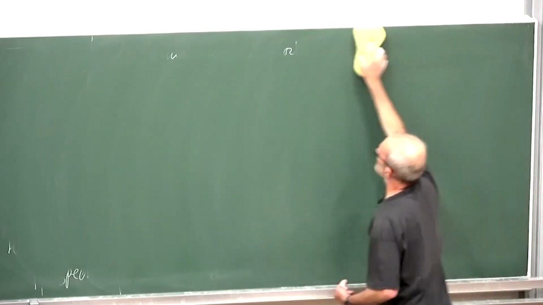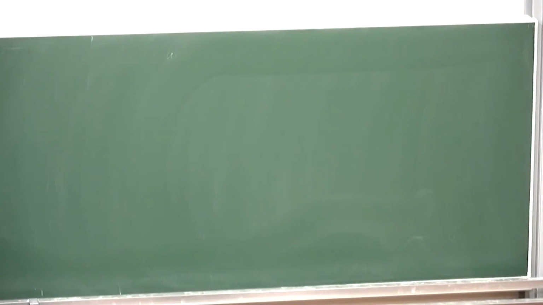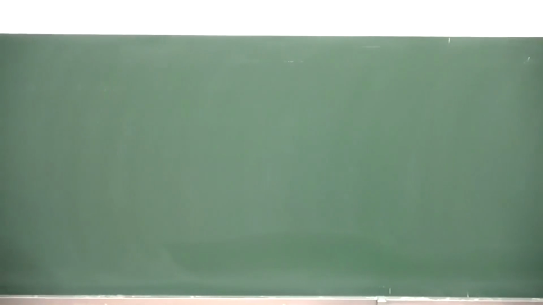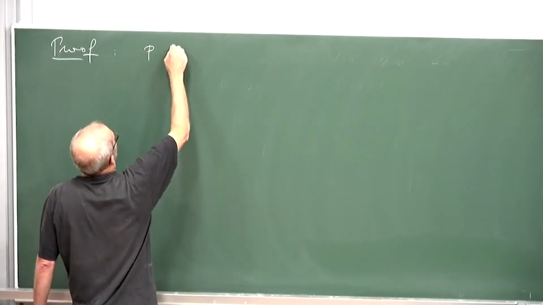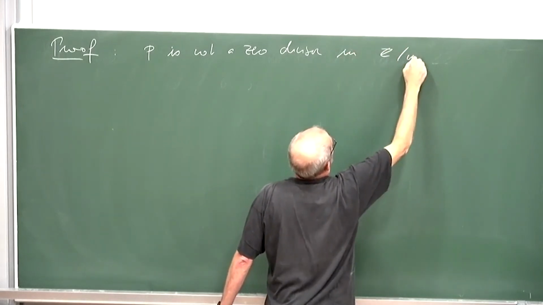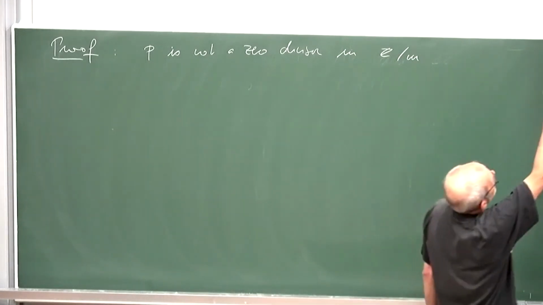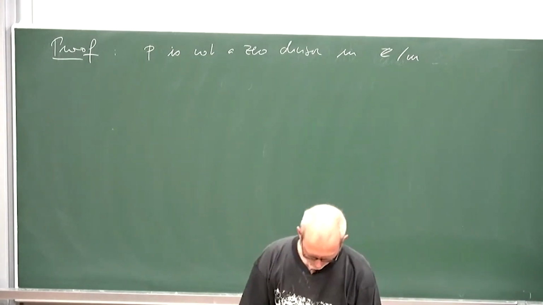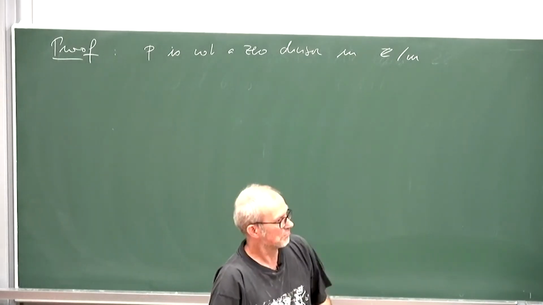So here we just observe somehow that P is not a zero divisor in Z mod M, so that somehow the Frobenius is going to take the zeroth part to the zeroth part and the non-zero part to the non-zero part, without respecting the grading on the non-zero part. And that's it, basically, right?